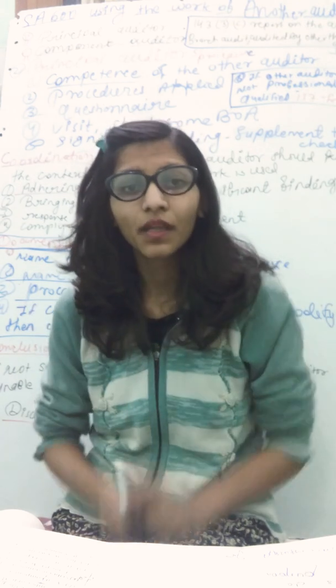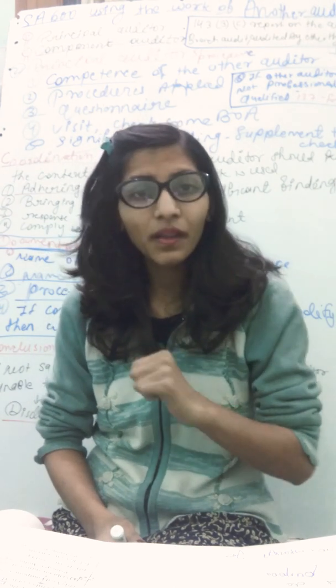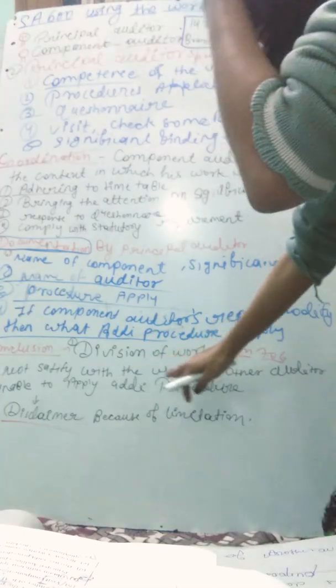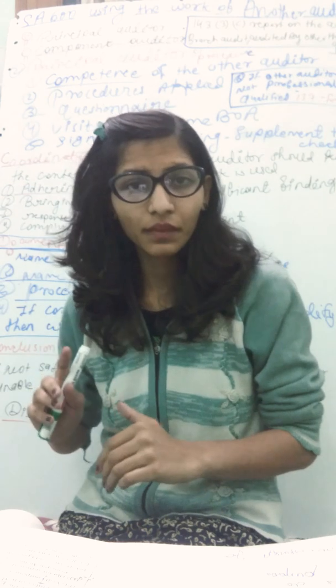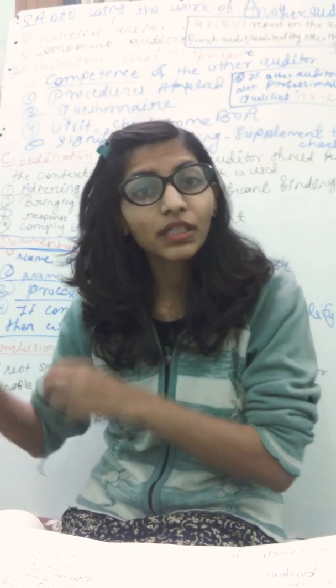But one more aspect here. If, as principal auditor, we are not satisfied with the work of the component auditor, here we are not saying that the component auditor's report is modified.